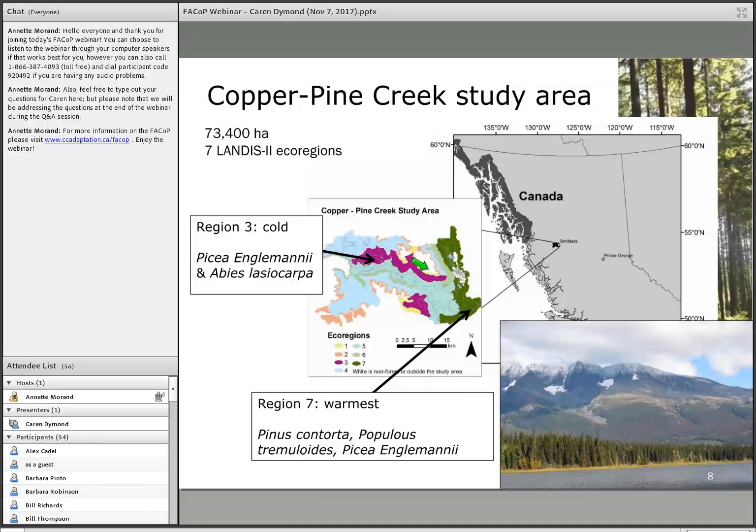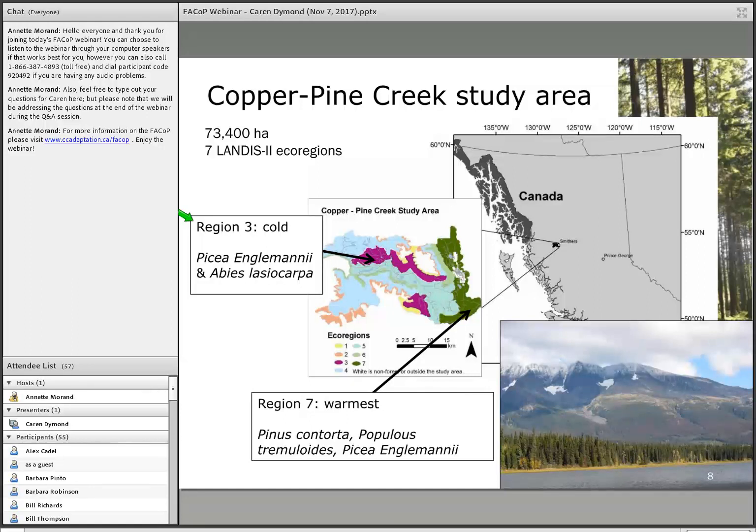This oval in the study area map is Hudson Bay Mountain. That's in the photograph, and the photograph is just to give you a sense of the fairly rugged topography, which means we have quite a difference of climate within a relatively small study area.